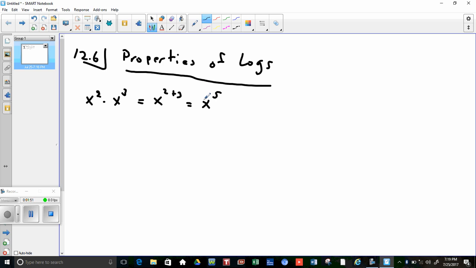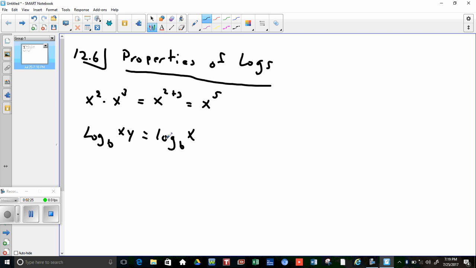There is the product property of logs, which says that if I have the log base b of xy, well, remember, logs are exponents. These hold the same properties as exponents. These have the same base, b. So I can write this as the log base b of x, and what did we say we do with our exponents?